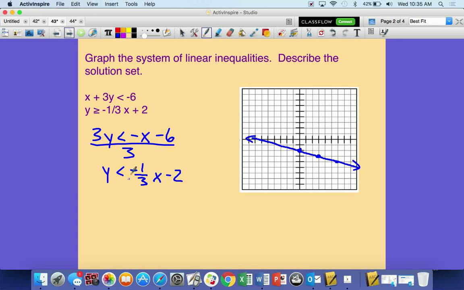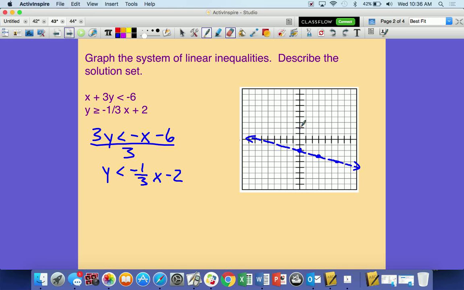Now with this is just a less than though, it's not less than or equal to. So we have to not have a solid line there. We need to have a dashed line. So make sure you show that on your graph. Alright, for our other one, y is greater than or equal to -1/3 x plus 2. Well, that's already in slope-intercept form.